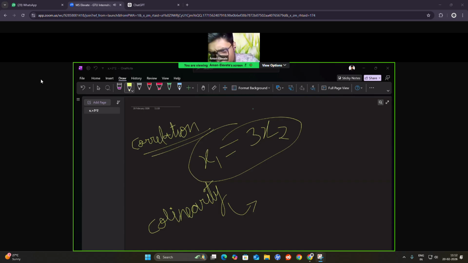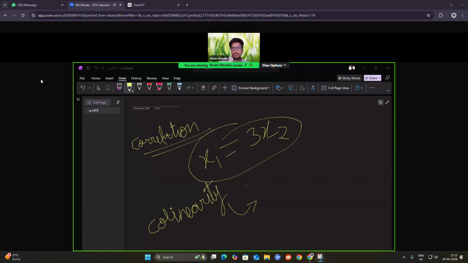Percentage of data similar in both features? No. Y is equal to 2x, something like that, that is correlation, Parth. I am asking about collinearity. Near relation between different variables. Chirag, two or more independent variables are involved.